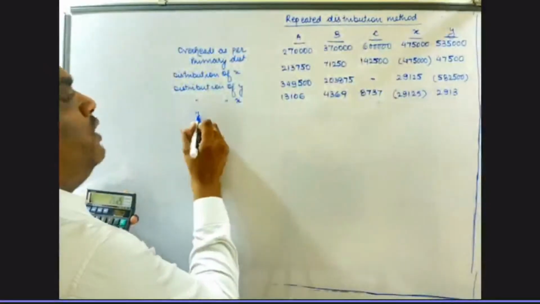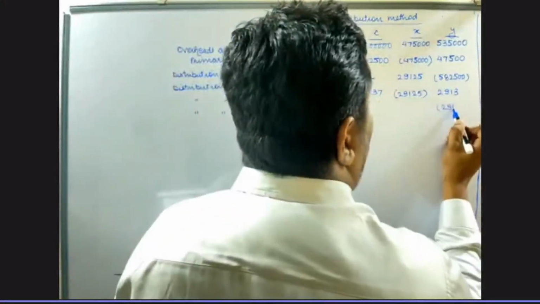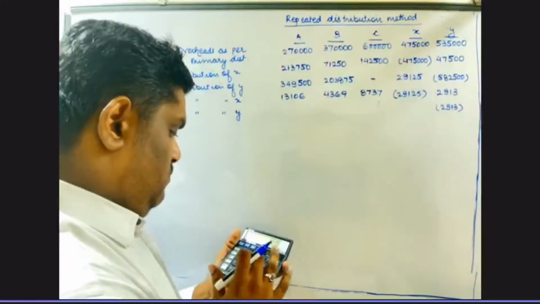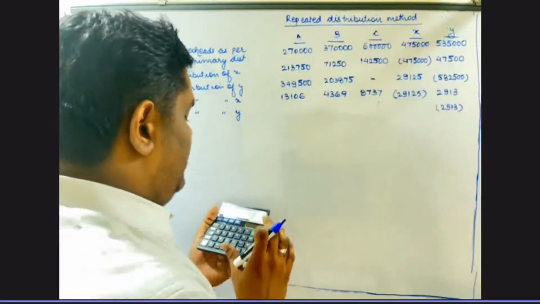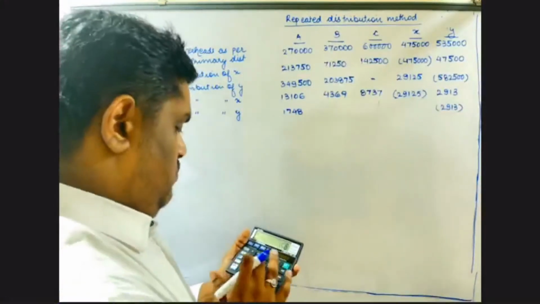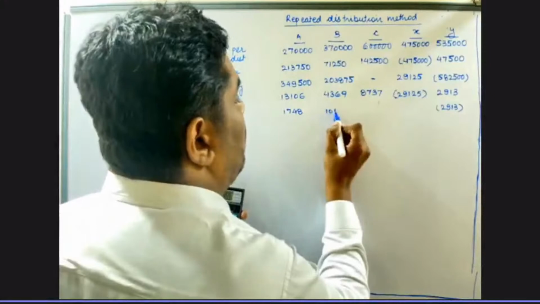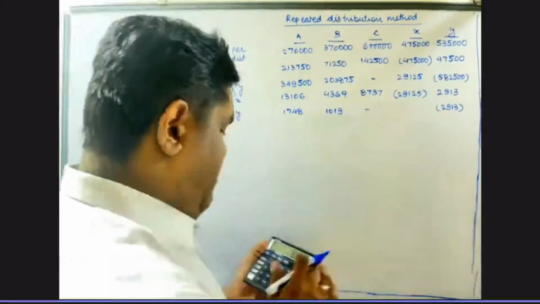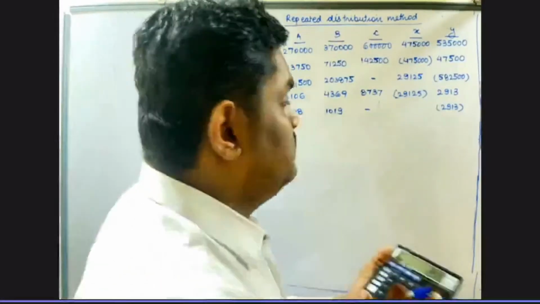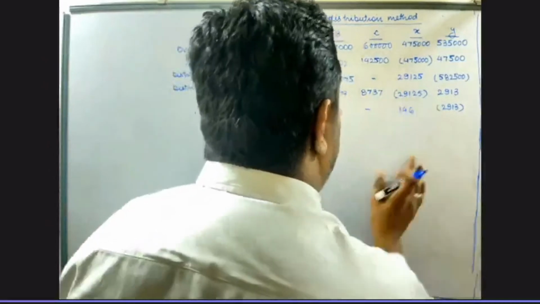Now we'll redistribute the overheads of Y again, that is 2,913. 60% is 1,748, 35% is 1,019, and 5% goes to X, that is 146.